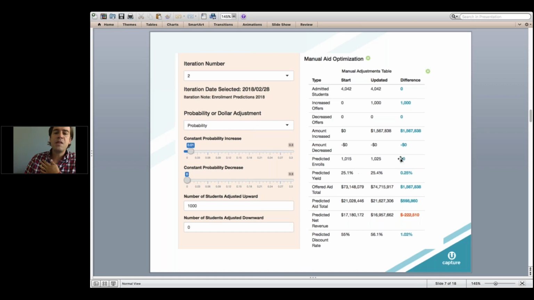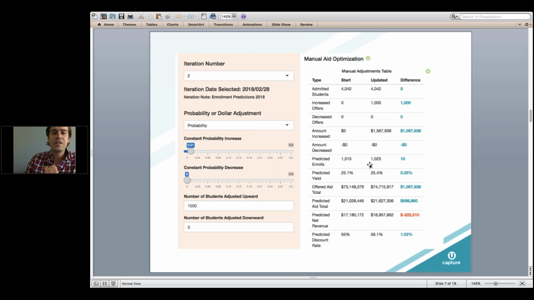So if you want 10 more students, you can say, all right, we want to increase everybody who we adjust by 1% more likely to enroll. And we're going to do that to 1,000 students. So 1% of 1,000 is 10 students. And so from there you can say, okay, these are the adjustments we need to make in order to get 10 more students to enroll in our class.